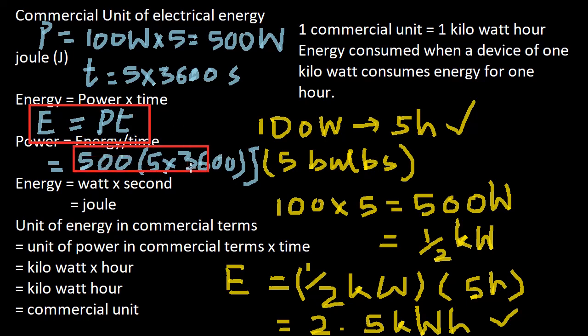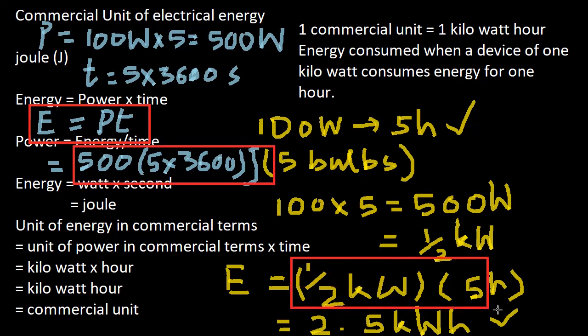Here also we have done it like that, and here also we have done the same thing, that is we have multiplied power by time. While multiplying power with time, we are taking commercial units over here, that is kilowatt for power and hours for time. While for calculating in SI units, we are taking power in watt and time in second. So that was the discussion for today.